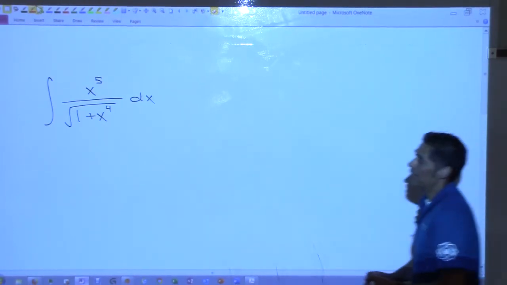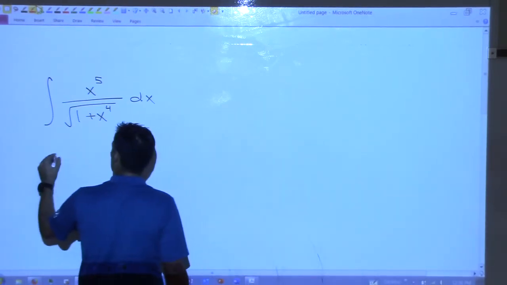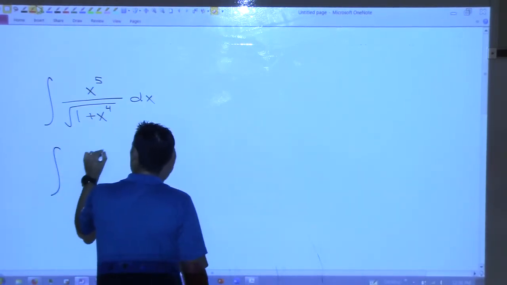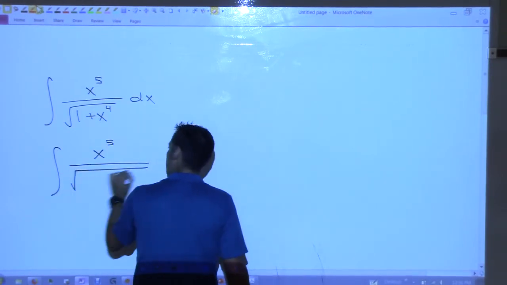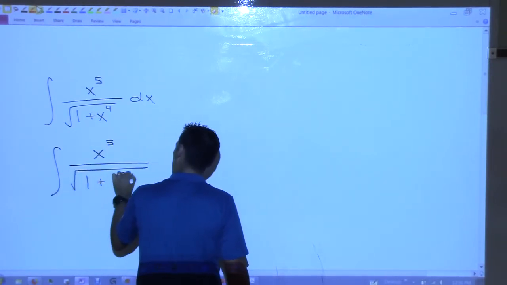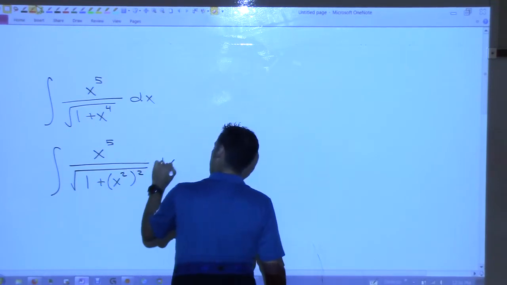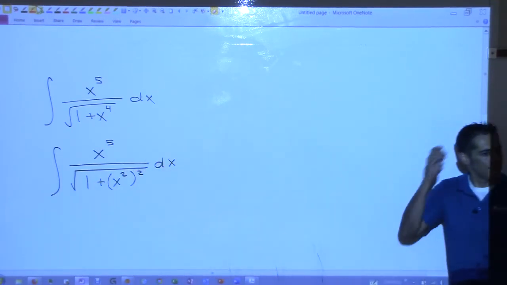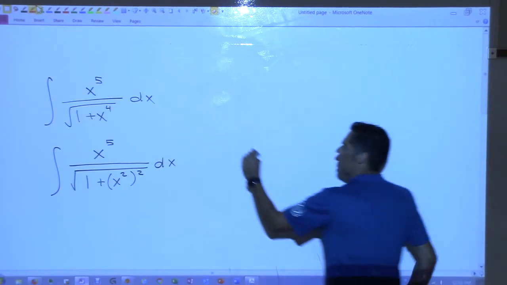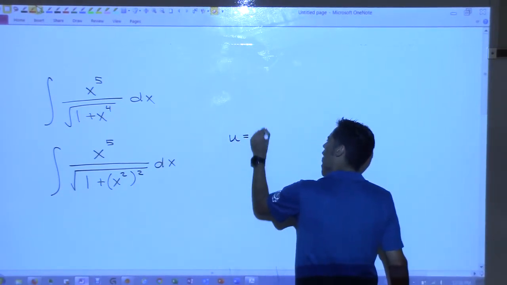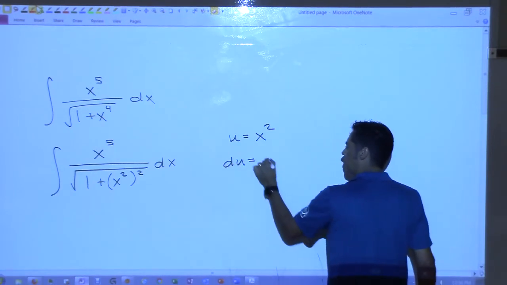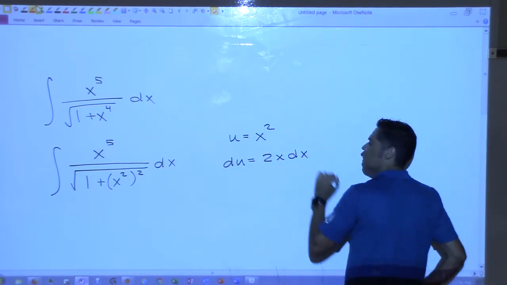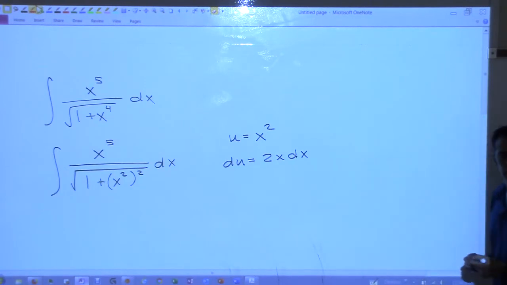So here's kind of what I was thinking maybe, is rewrite this like this and rewrite this as 1 plus x squared dx. You see that? And then let u be equal to x squared. And then du would be equal to what? 2x dx. Right? Go with me?